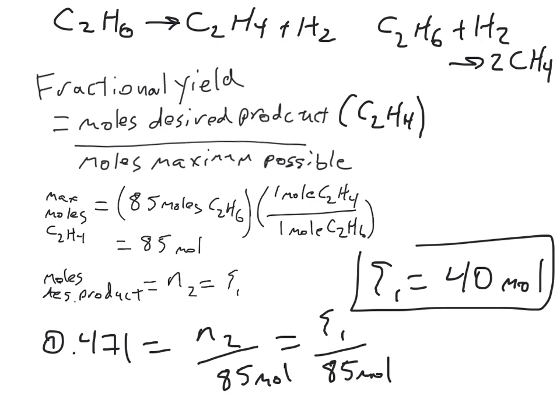I'm going to put a box around that. So this is great. I have extent 1, but I previously solved for an equation for extent 1 and extent 2 from the fractional conversion. Let's go ahead and use the fractional conversion that we previously derived along with this extent 1 we just derived to find out what extent 2 is.